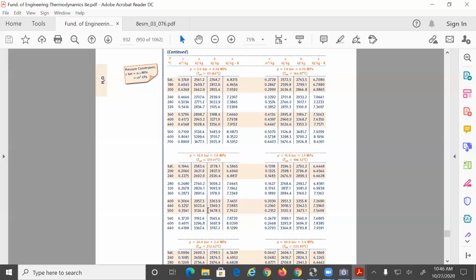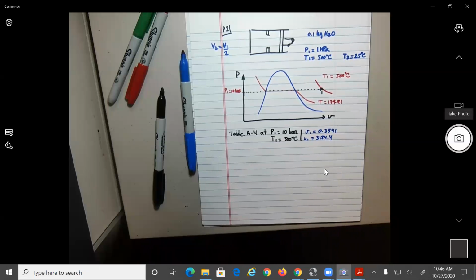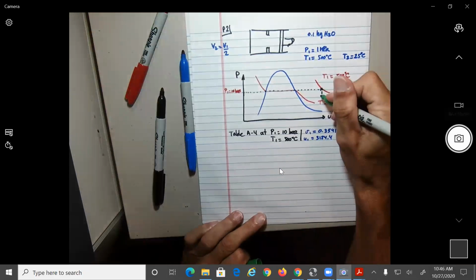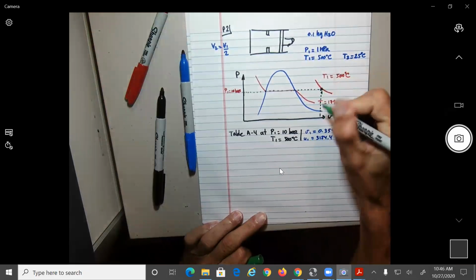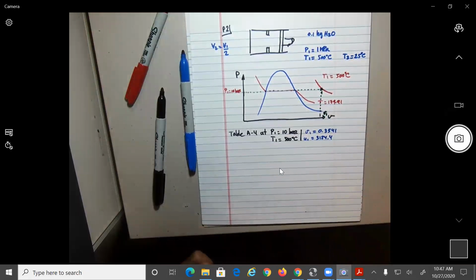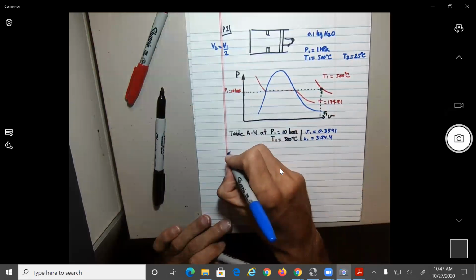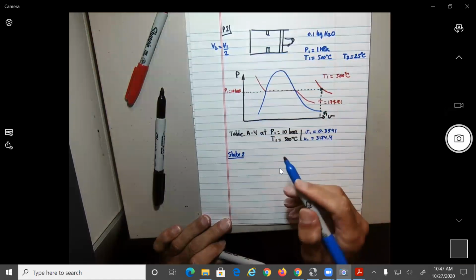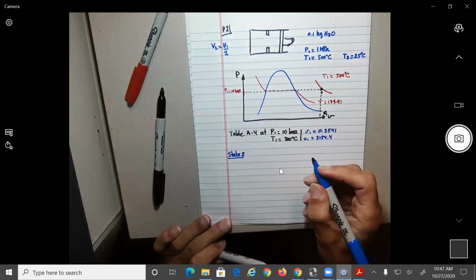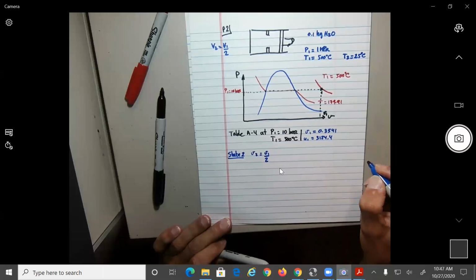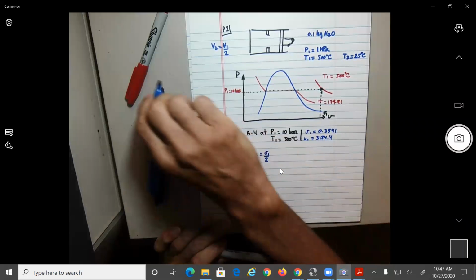I'm going a bit faster here just to get the data already. So over here, this will be V1, no? What do we know about state 2, after the second process? We know that V2 is half of the initial volume, that's what they give us.